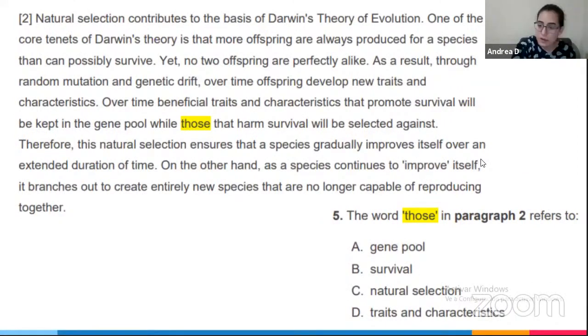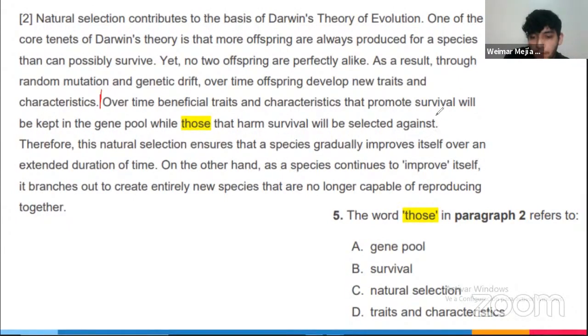So maybe Weimar, will you read the question, please? The word those in paragraph 2 refers to gene pool, survival, natural selection, traits, and characteristics. Okay, so now we're gonna read the sentence where the word those is, which is basically this here up until the period.